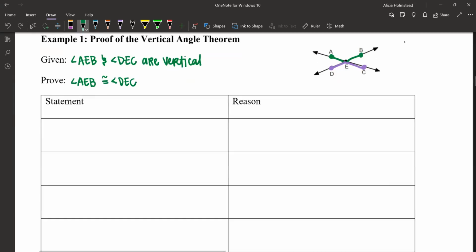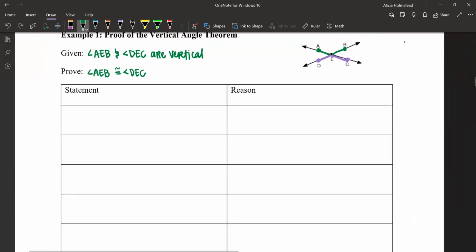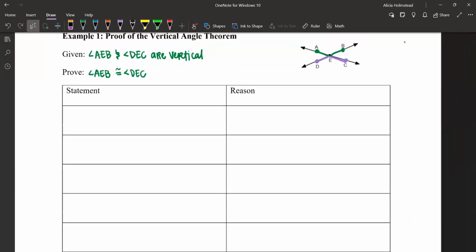So how proofs work is you always start by writing down what you were given. So the reason for this first step will always be, this is what you were given. So we were given the angle AEB and angle DEC are vertical angles. Okay, and then we try to figure out what we can do with that information.